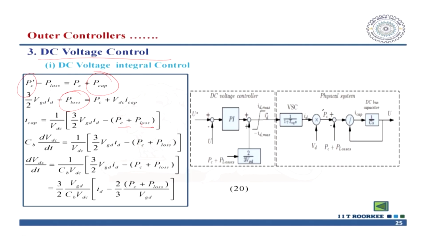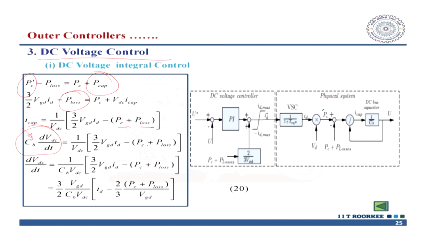So, from there what we can say is that C dVDC/dt, which is basically a current, equals 1 by VDC times 3 by 2 VGD into ID minus PC plus the loss component of it.